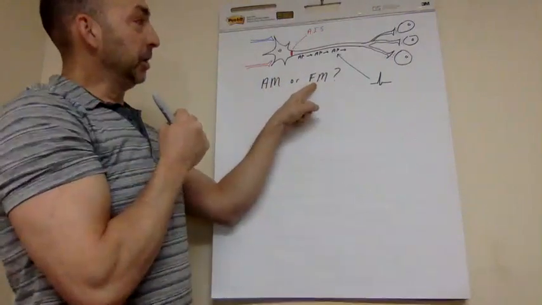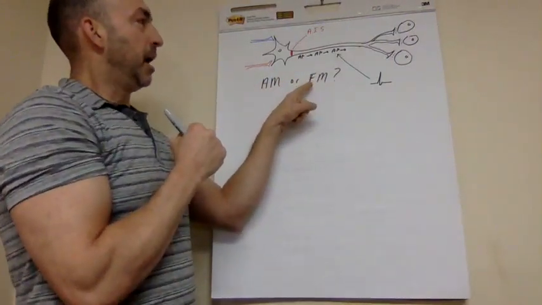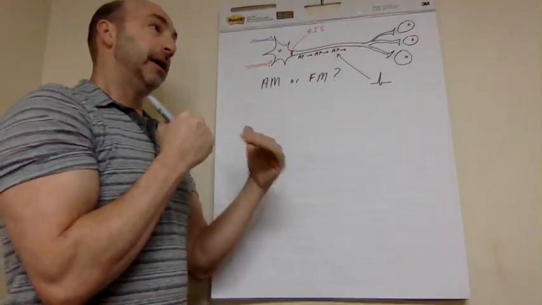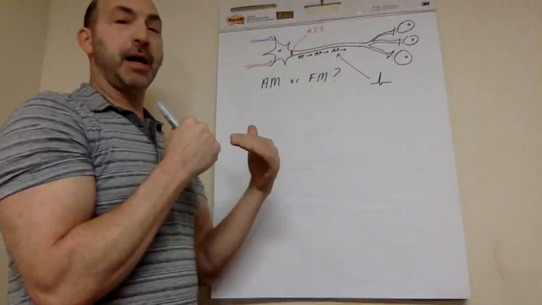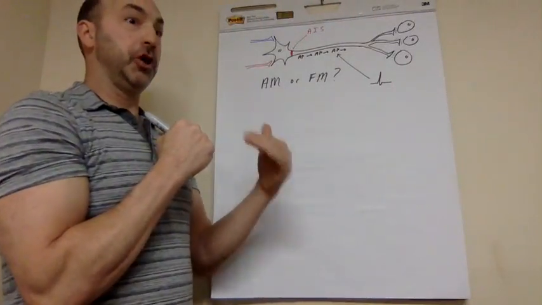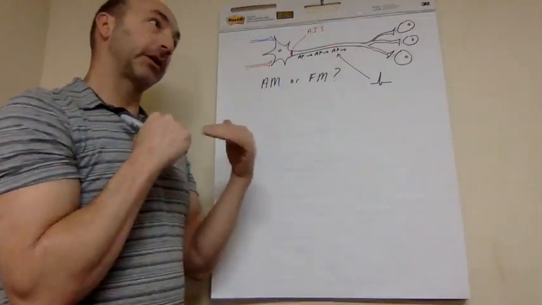So what biology, evolution, has selected is frequency modulation. In that scenario, it's not the size of an action potential that matters, it's the rate at which action potentials are generated that matters. There are a couple of different ways.